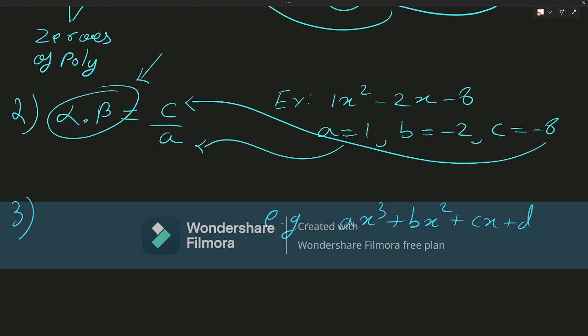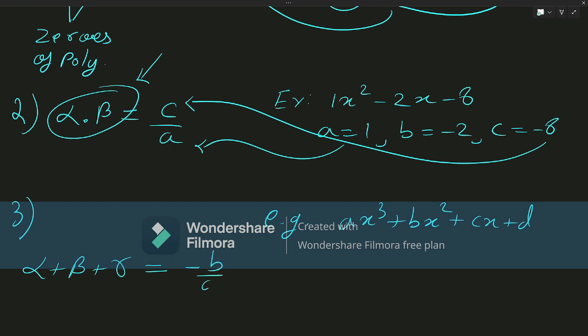Now the formula will be alpha plus beta plus gamma. Now you might be wondering, what is gamma? Same, it is a zero of the polynomial. As the number of the zeros increases, that's how we're going to increase alpha, beta, gamma, sigma, then some other letters. So the formula for this one would be the same.